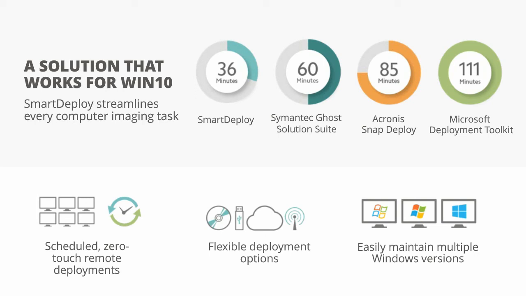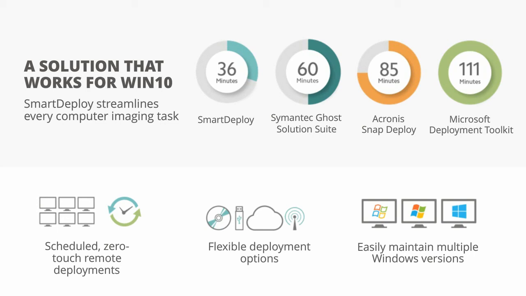It could be just a simple USB stick with everything on it, or a DVD set, to pushing images out across your existing network. You can even pull images down from your favorite cloud storage provider like Google Drive or OneDrive or OneDrive for Business or Dropbox. SmartDeploy ties in with those third-party cloud storage providers to be able to do deployment from anywhere, which is great for branch office, remote office, home user, where you don't have on-site IT to be able to do these imaging upgrade projects quickly and efficiently.